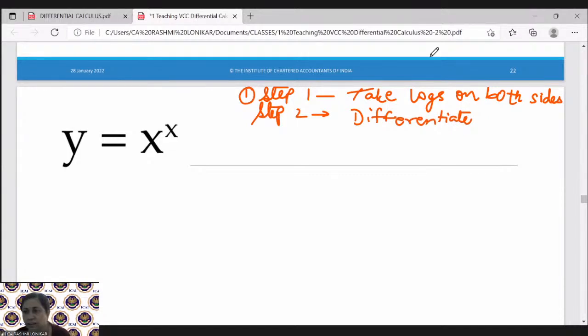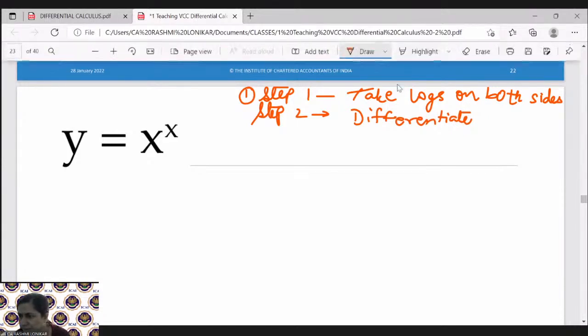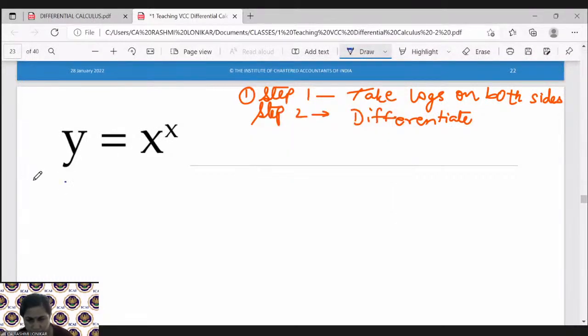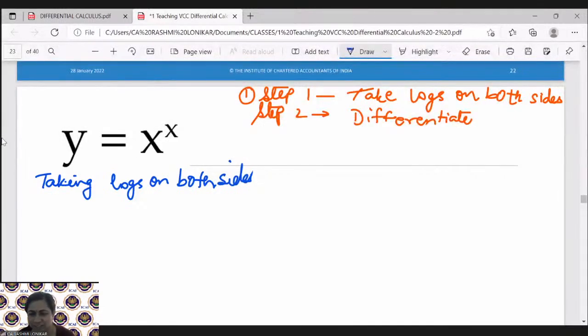Okay, clear? So I'm going to do this first step, taking logs on both sides. And for that, you cannot skip the chapter on logs. Don't leave it as an option. So this is log y is equal to log of x raised to x.